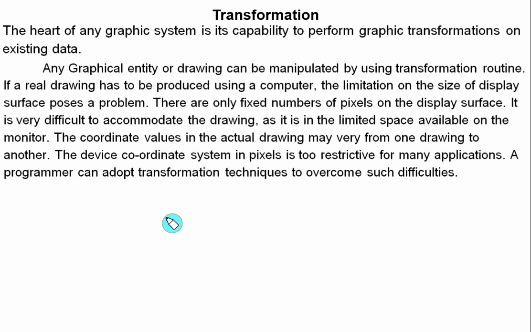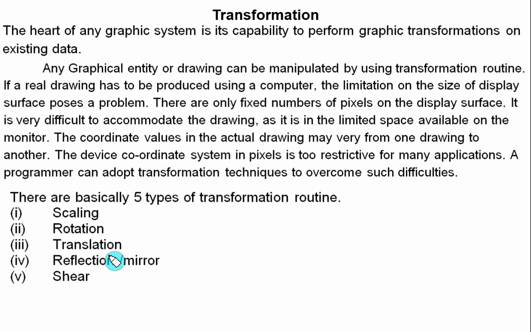So here we'll discuss the five basic types of transformation: scaling, rotation, translation, reflection or mirror, and the fifth one is shear. We'll start with the basic one, that is scaling, then we'll discuss rotation and translation. In the scaling transformation, it is possible to enlarge or reduce the object, and therefore scaling factors are used.